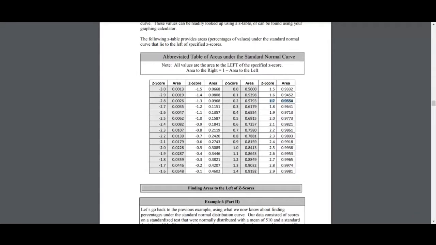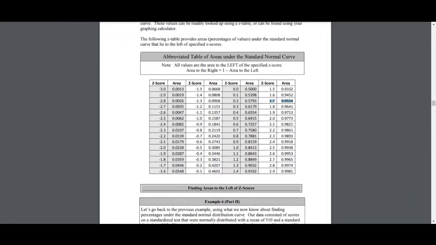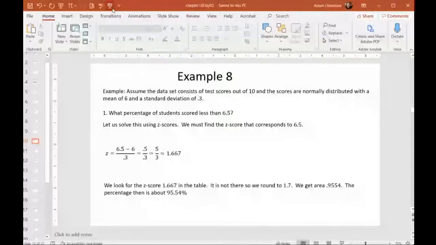So that tells us that for a z-score of 1.7, the area to the left of it under the graph is 0.9554. That's what we got from the table.